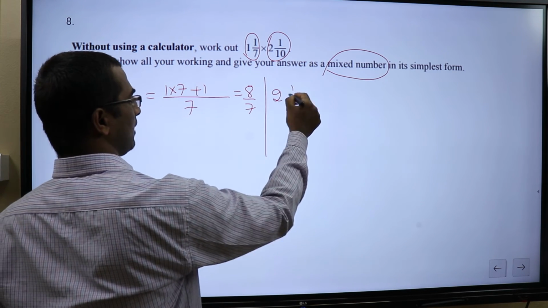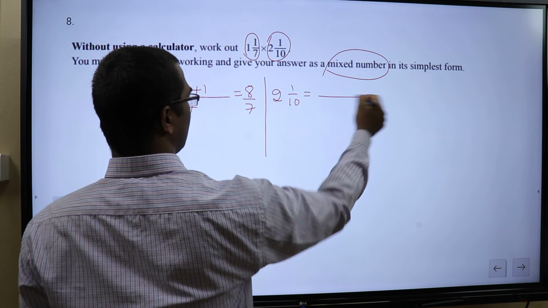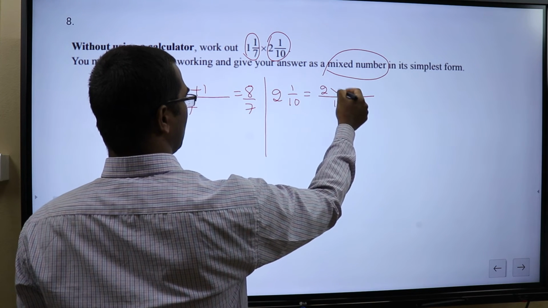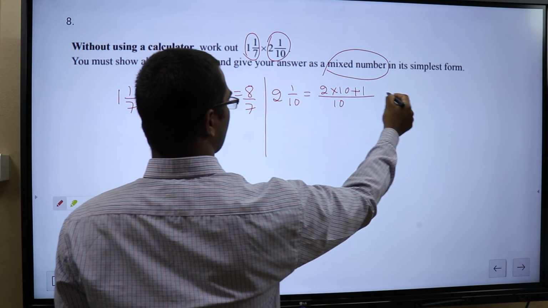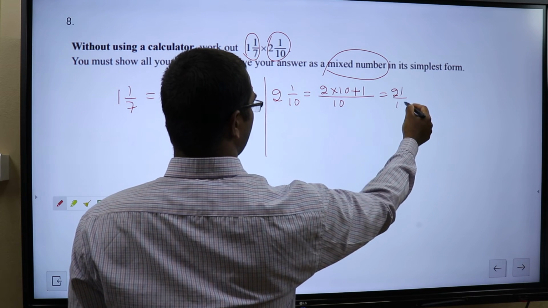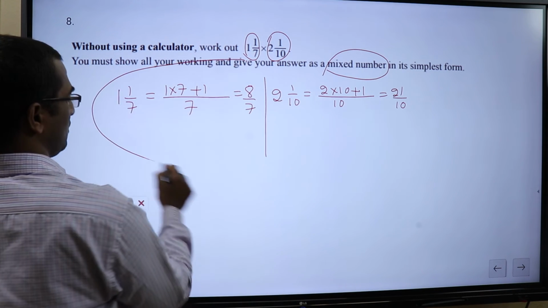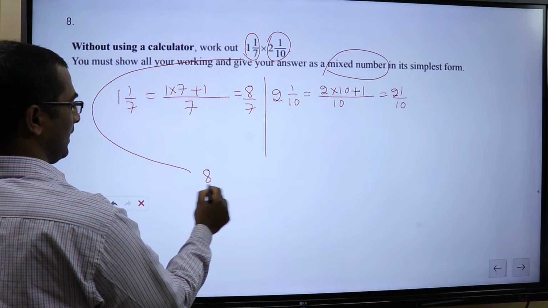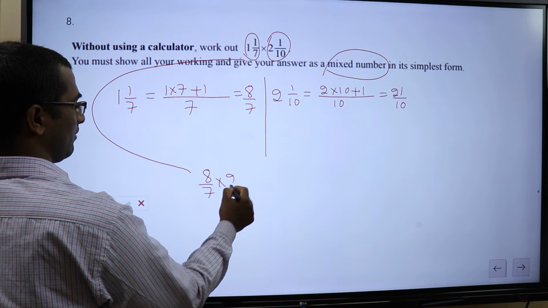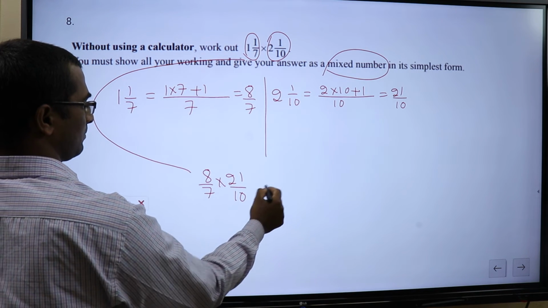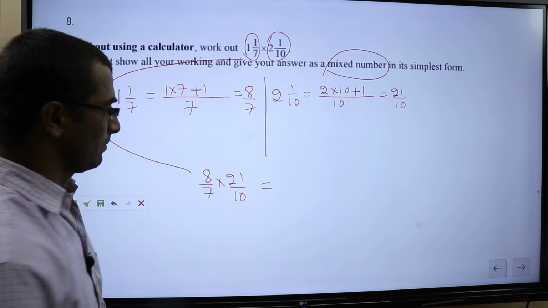And over here 2 1/10 is nothing but 10 here, and here 2 into 10 plus 1. So that is 21/10. Okay. So now if I multiply these two, what will I get? 8/7 times 21/10.